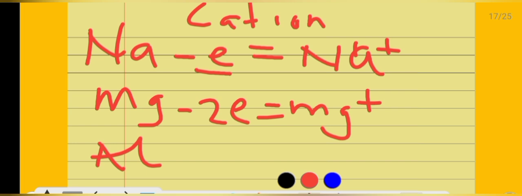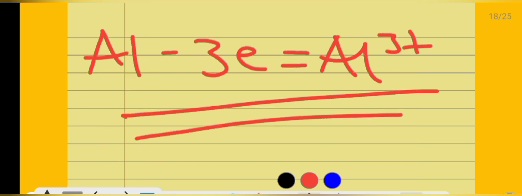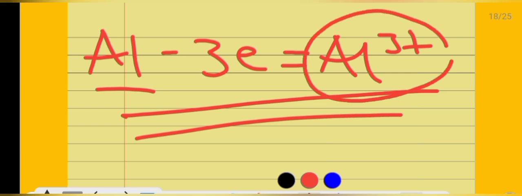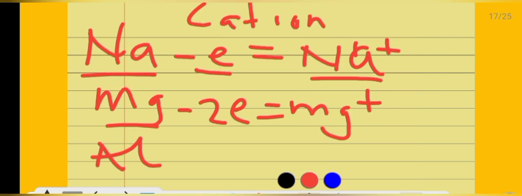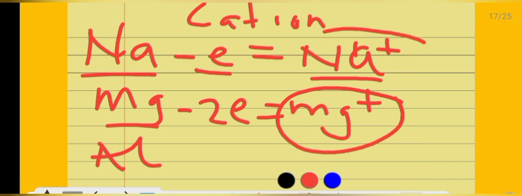So this is the equation: sodium minus 1 electron, we have sodium plus, which means sodium positive. This is an ion. This is a neutral atom of sodium, neutral atom of magnesium, neutral atom of aluminium. This is the trivalent cation. This is the divalent cation, and this is the monovalent cation.